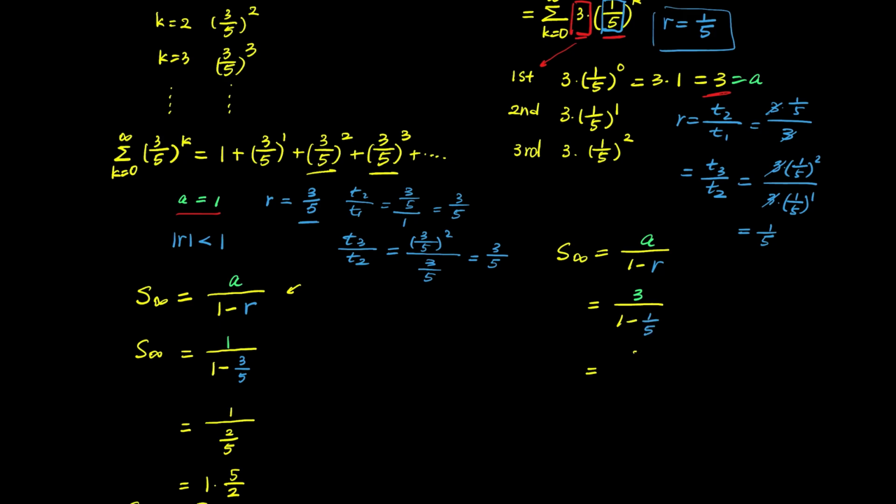So we have 3 divided by 1 minus 1 over 5, which is 4 over 5. So it equals 3 times the reciprocal of 4 over 5, which is 5 over 4. So eventually we have S infinity equals 15 over 4. So this is the sum for the second series.